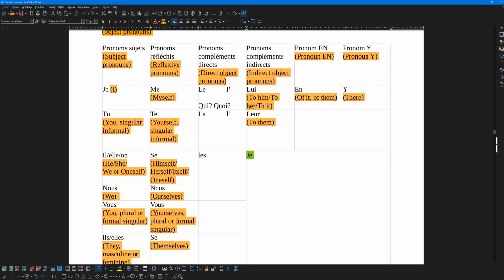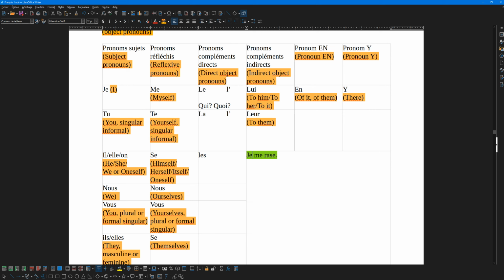Let's take an example, like I shave myself. I shave, je rase, like that. But I say myself, so I have to put me in front of the verb shave. So what happens if I use the near future? The near future is with the verb to go.